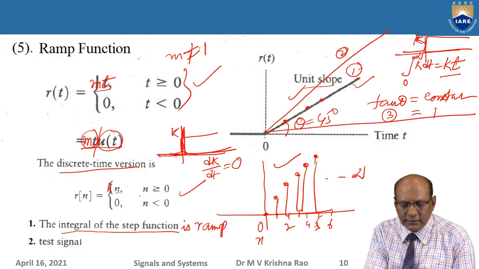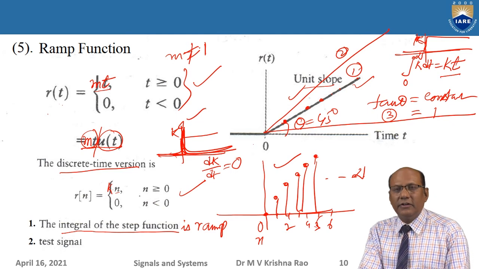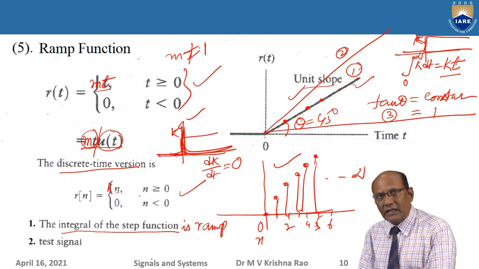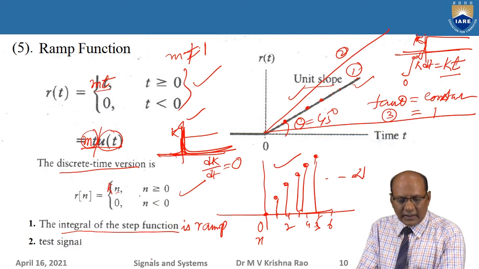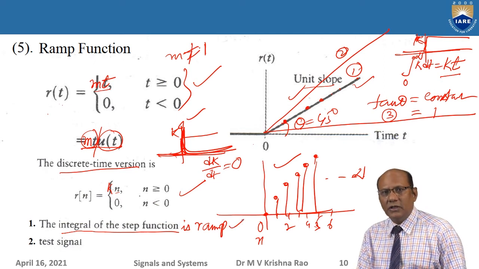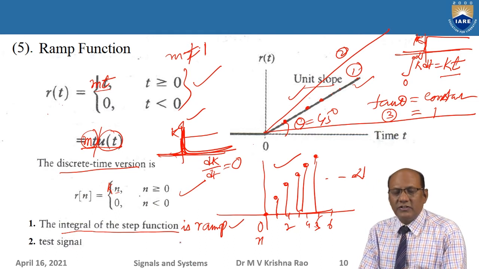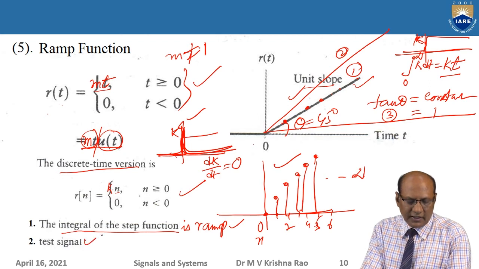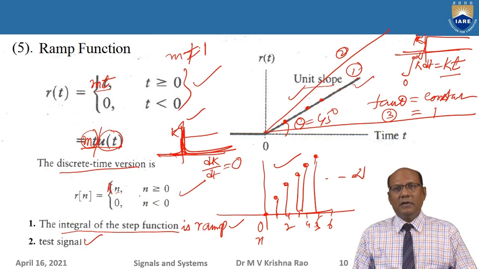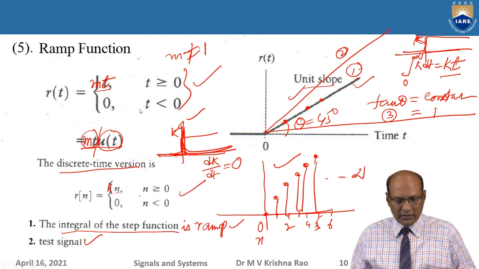You will get like this. So a delta function at t equal to 0. So the differentiation of step function is a delta function. The integration of step function is ramp function. Okay, that is what. This step function or the ramp function is famously used as a test signal for many systems.